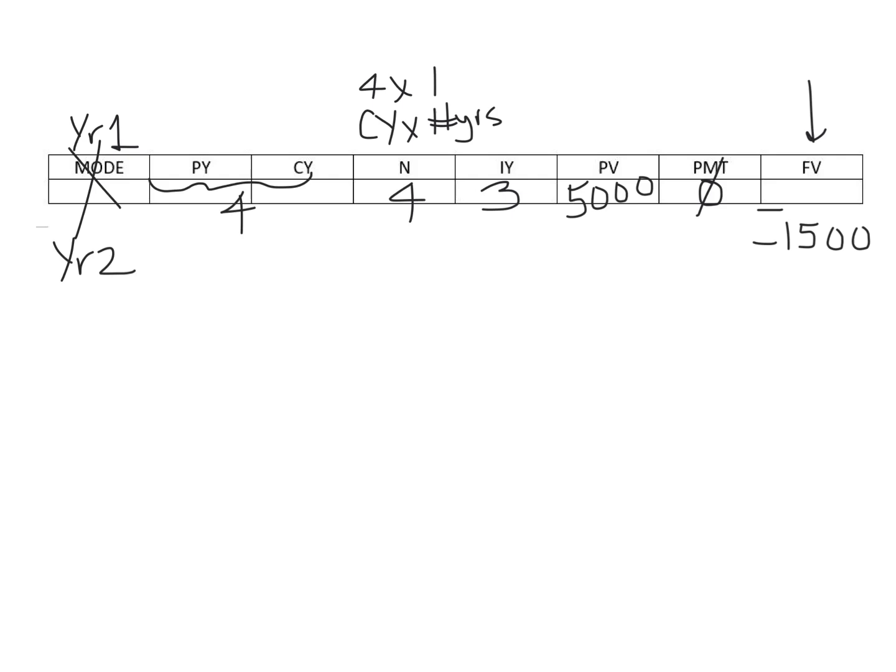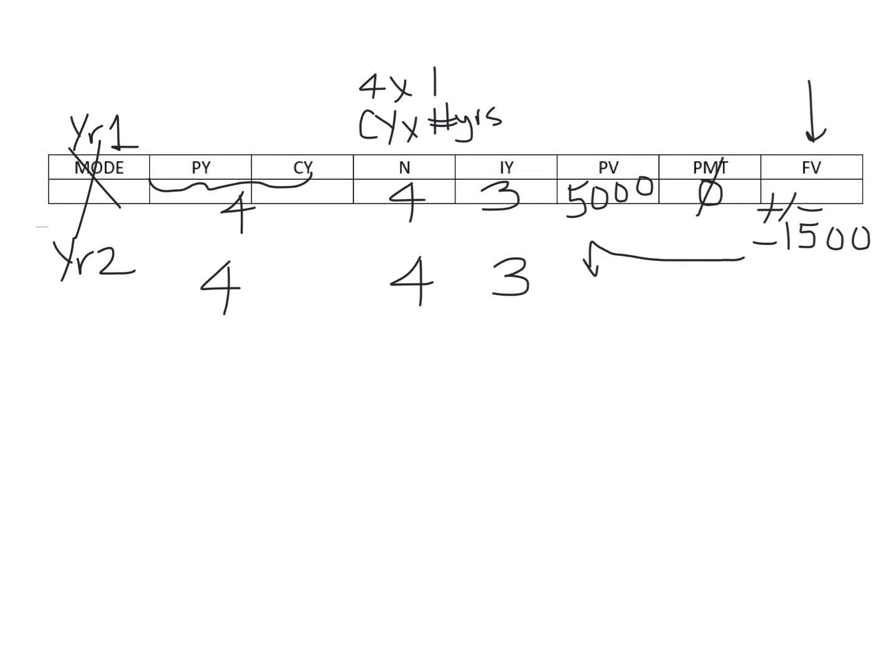After we change the sign, so plus minus, and then subtract the $5,000, that becomes the PV for the next year. These things will all stay the same. 4 will stay the same, 4 for N will stay the same, 3 will stay the same, and we're able then to compute our future value here.